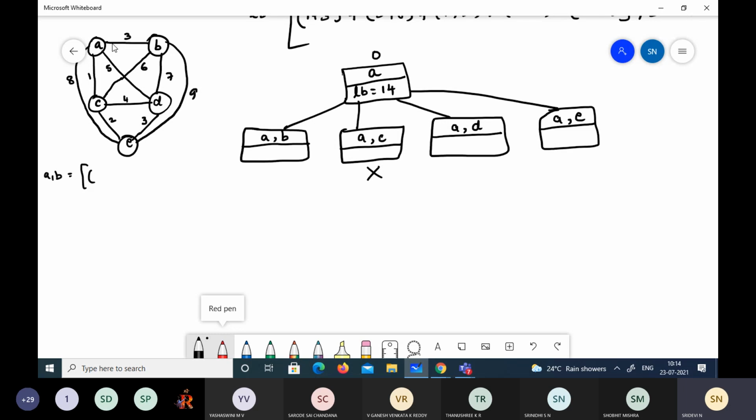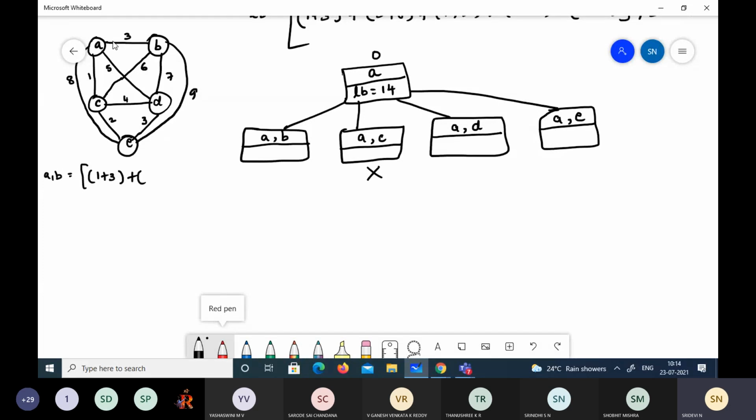This is compulsory because we are moving to B. Other than this, we should choose the smallest edge from A, isn't it? A to B is fixed. We are fixing that and trying to check the lower bound. So A to B is fixed. Among the remaining, we will always choose the smallest. So it is 1 plus 3.